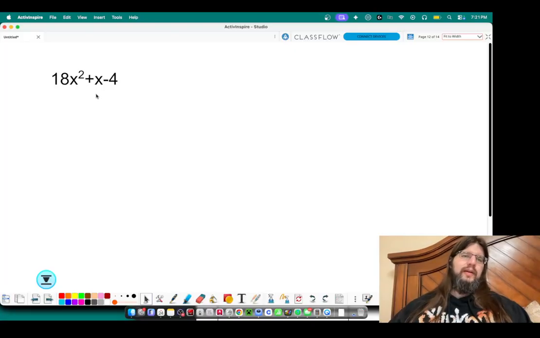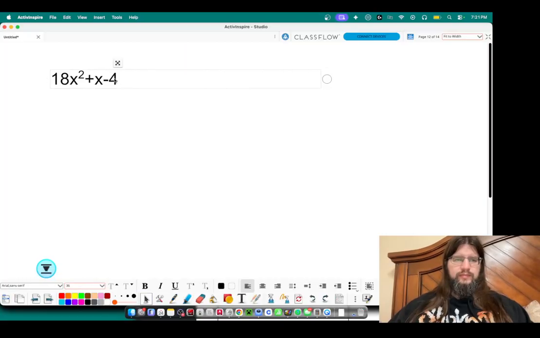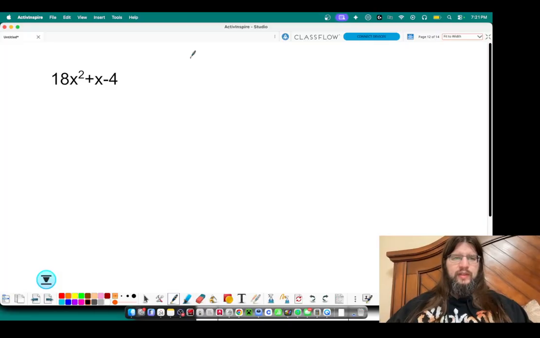Now let's try that one. Okay, this one should work out. Discriminant. B squared minus 4ac. Yeah, you can read my writing. If not, listen better. B squared minus 4ac. Okay, 1 squared minus 4a, c.